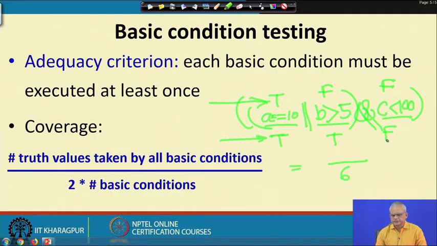And then what is the percentage coverage achieved? So, we achieved true, false, false and also the true value for the second condition. So, we have achieved 4 of the decisions out of the 6. So, the coverage will be 2 by 3.